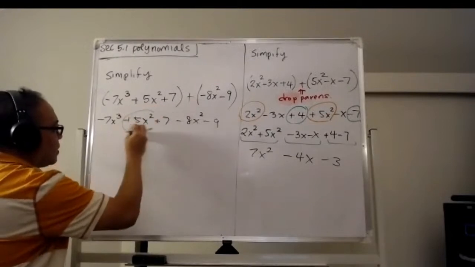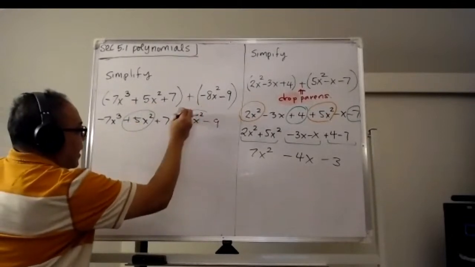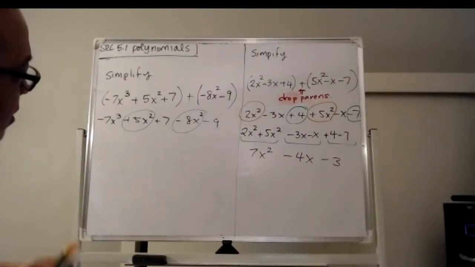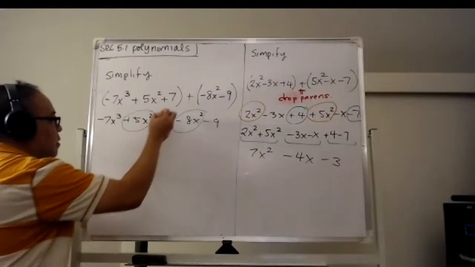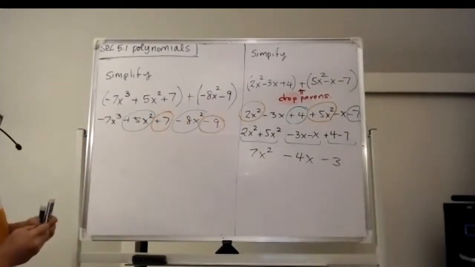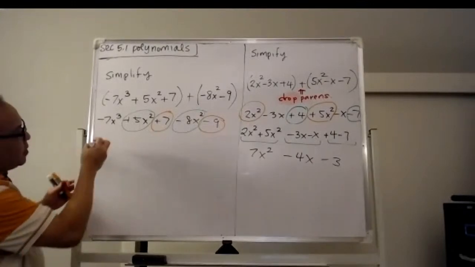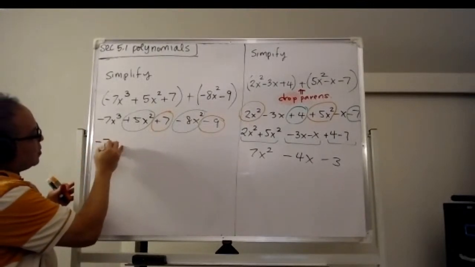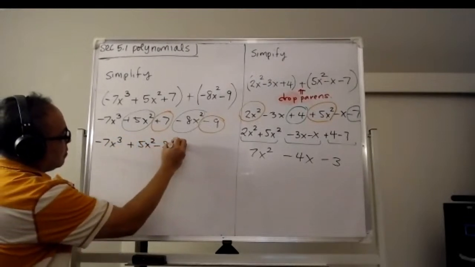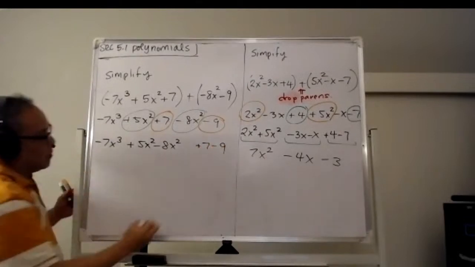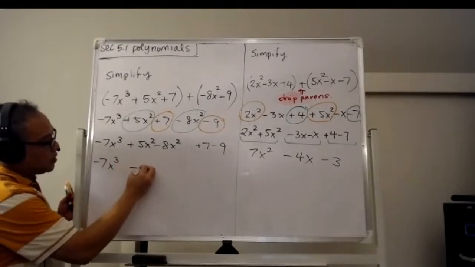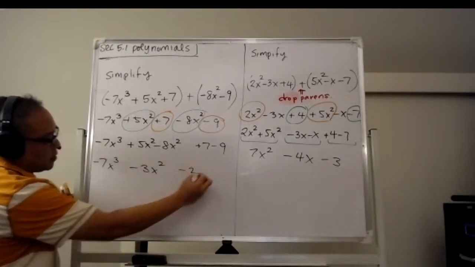We're going to combine this with that, and we're going to combine this with this. So you get minus 7x cubed. And if you want to move things next to each other, you can. So I get minus 7x cubed minus 3x squared minus 2.